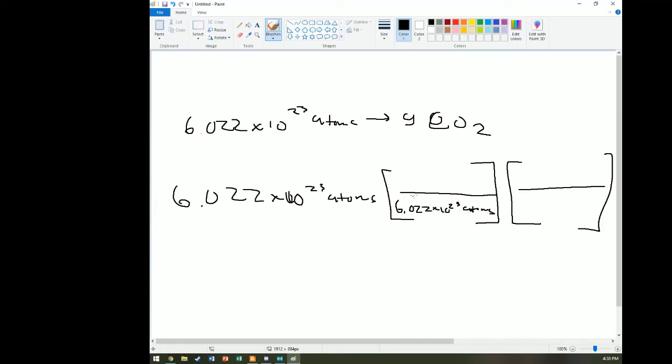I'm writing out the first conversion factor here. First, I would like to convert this into moles, and I happen to know that there are 6.022 times 10 to the 23 atoms in every mole of, that should say molecules, my bad.